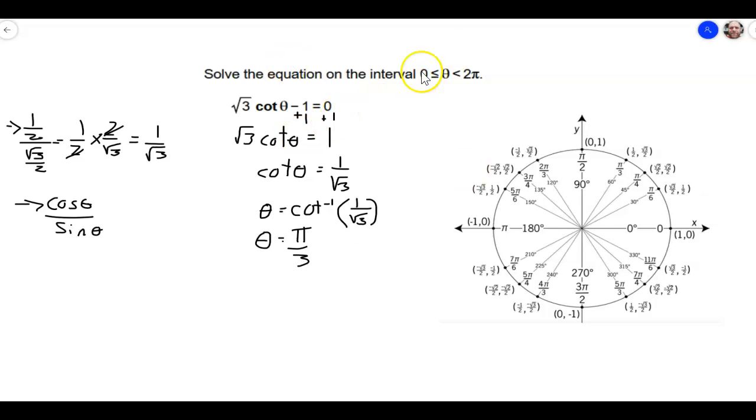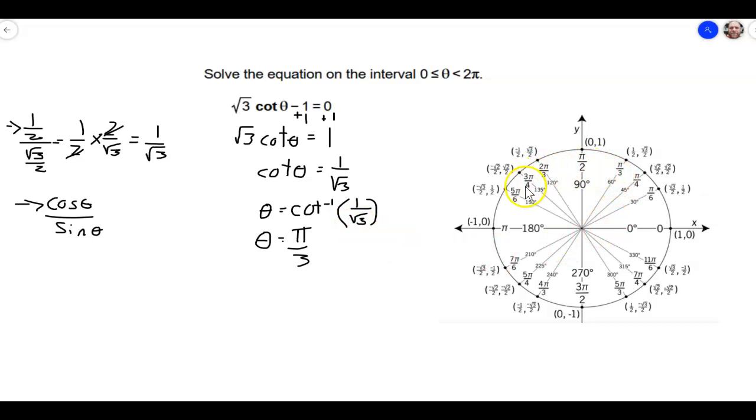Now, here's the thing. They want all of the angles on the interval from 0 to 2 pi. So we have to ask, are there any other angles which will also work? Anything else that's going to give me a positive 1 over root 3?